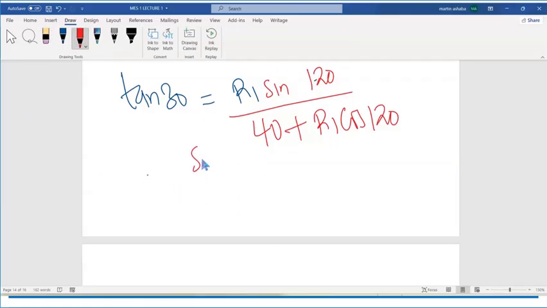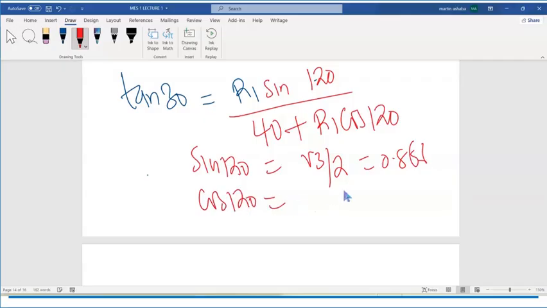So sine 120 is root 3 out of 2. This is the same as 0.86. Then cos 120 is the same as negative sine 30. And that is a half or 0.5. This is the same as cosine 30.